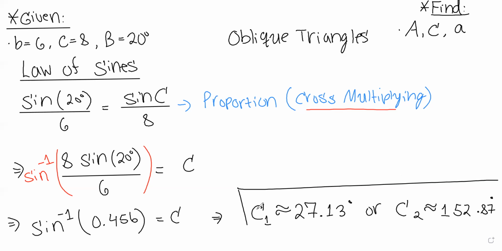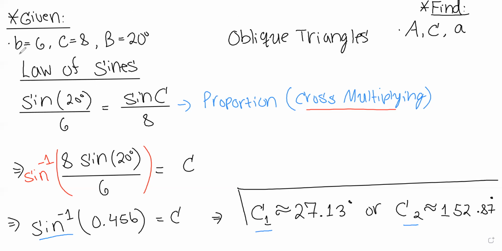Notice when you take the inverse sine, it gives you two angle values. Again, that's what should stand out to you. If you take inverse sine, this produces two values of the angle C. Whenever you do inverse sine, that's what's going to happen.